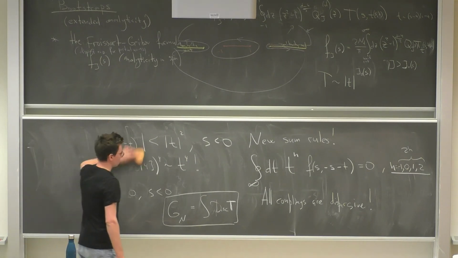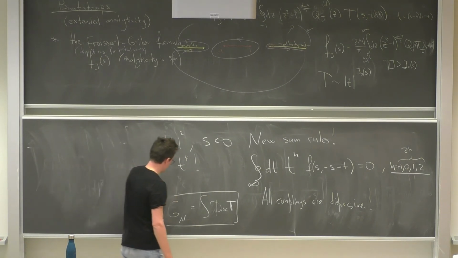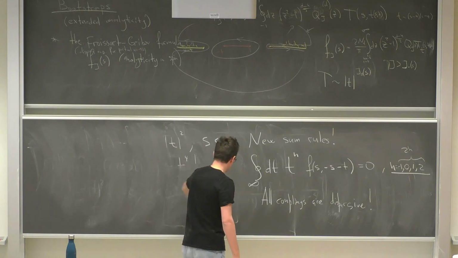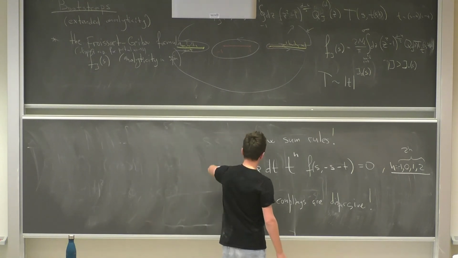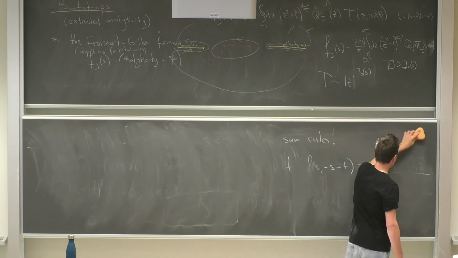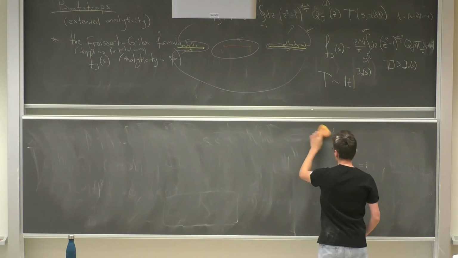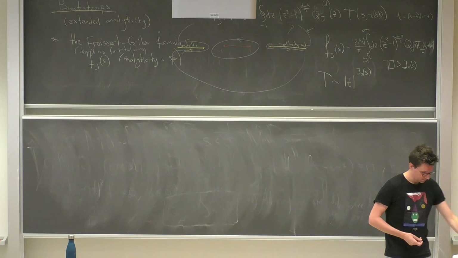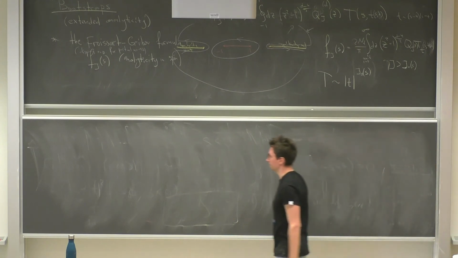So now, after I introduce the Froissart-Gribov formula, we can prove something which is known as the Aks Theorem.